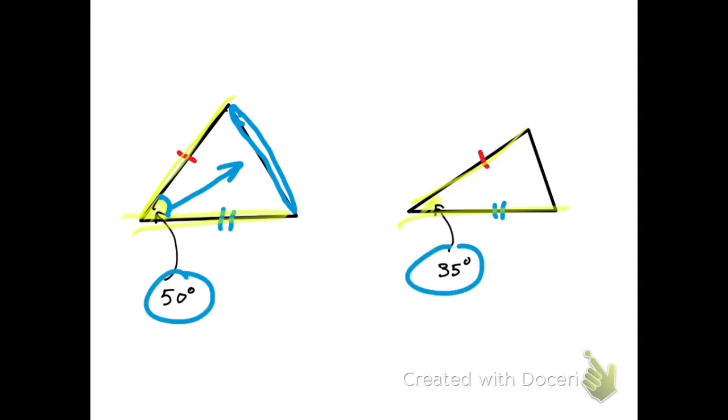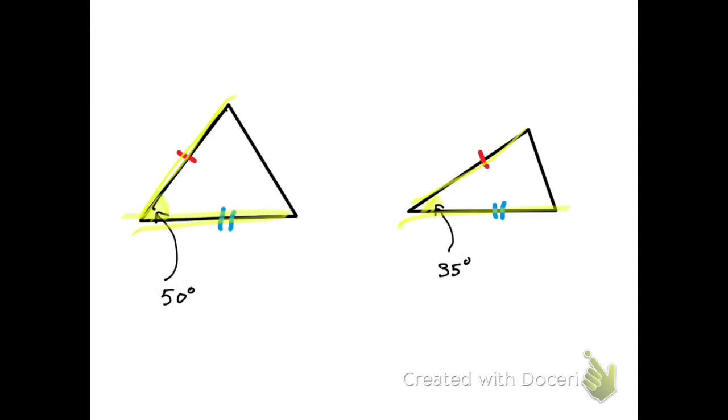So whichever of these two values is greater, in this case 50 degrees is greater than 35 degrees, that means I go across from the bigger angle, and that gives me the longer side.